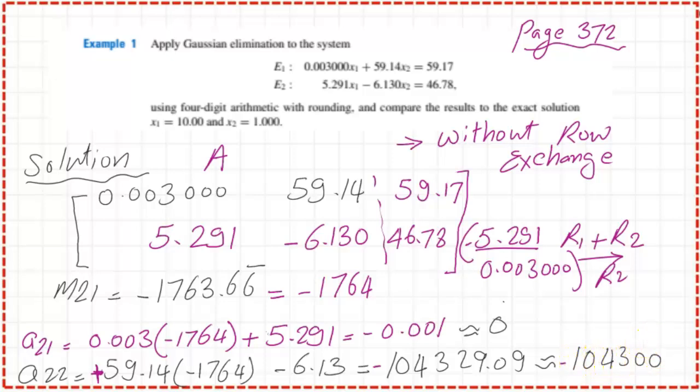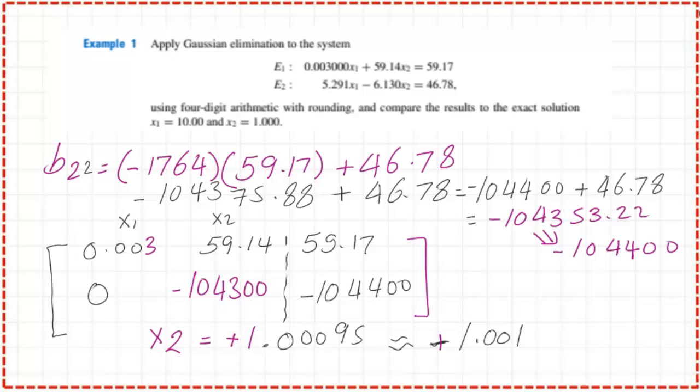We'll move to the next slide then. We need to evaluate the new B22. The value is minus 1764, which is M21, multiplied by the right-hand side value in R1, 59.17, and we add to 46.78.